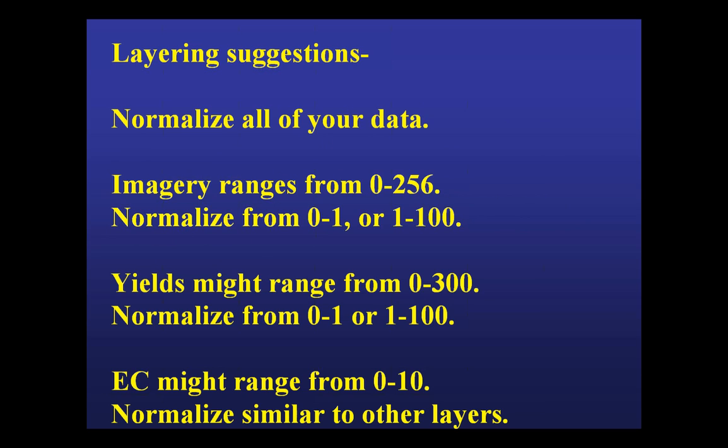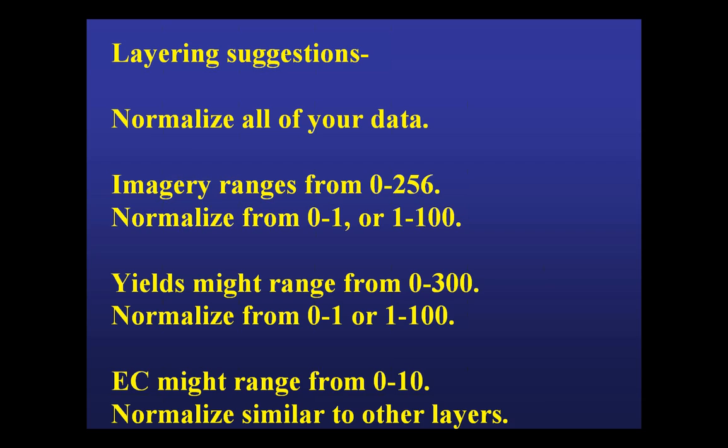Yields might range from 0 to 300, or if you have sunflower in pounds, it'll be 2,000 to 3,000 pounds maybe. So divide by your highest yield to normalize your data from 0 to 1 or 1 to 100, and EC as well. You could get ranges from 0 to even over 10. And so you can see that the range of each of those types of data is different, so you want to make sure that they're all the same.